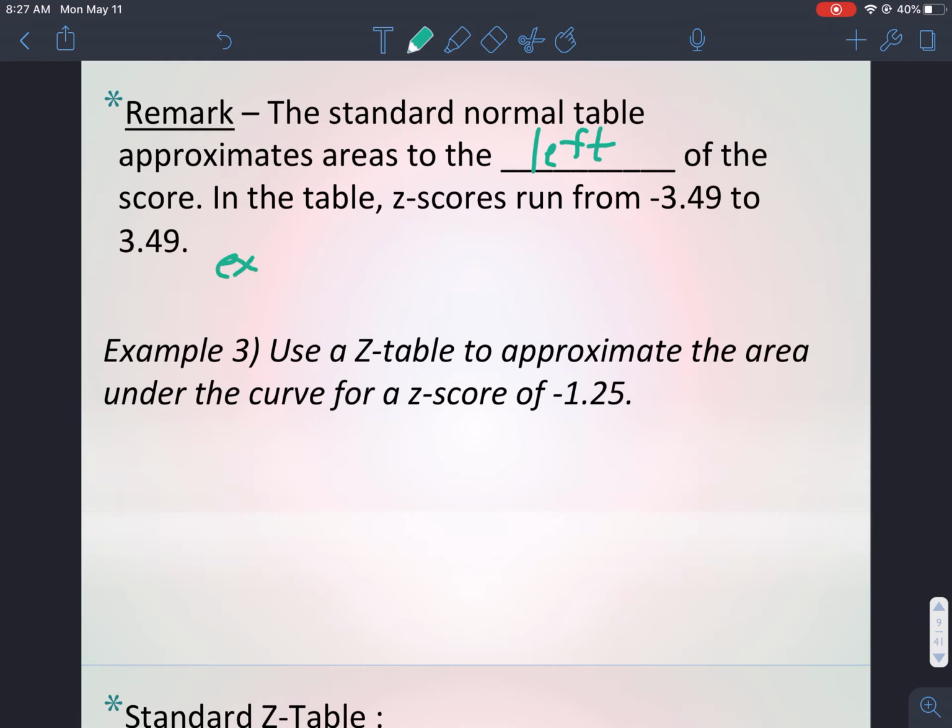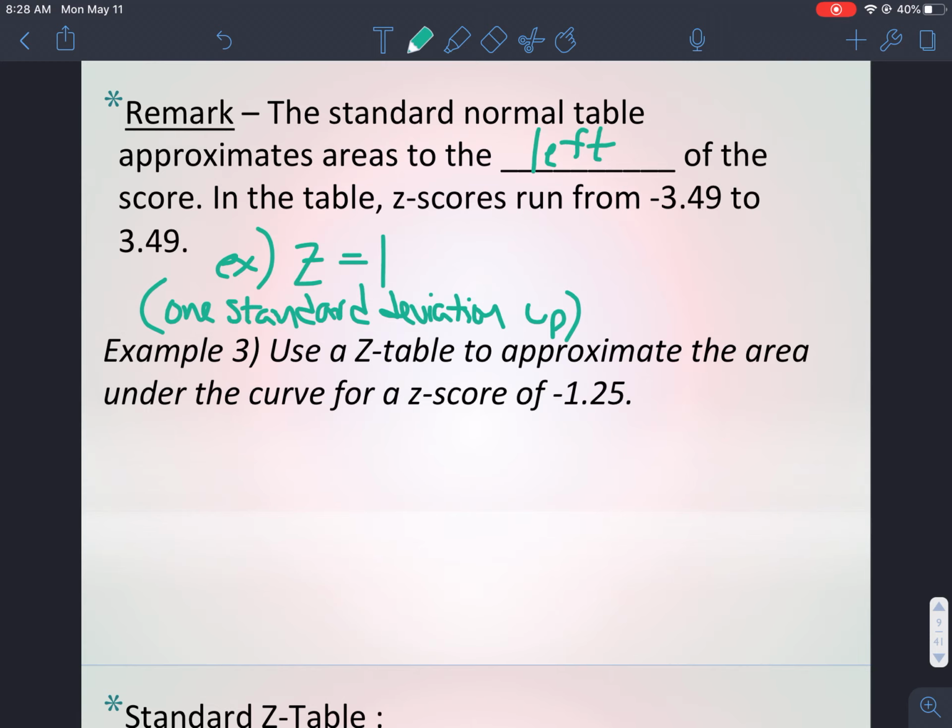Let's make up a short example. Suppose that z equals 1. That means that's one standard deviation up. Okay, so now here's our bell curve. There's the mean. One standard deviation up would be right there, okay?